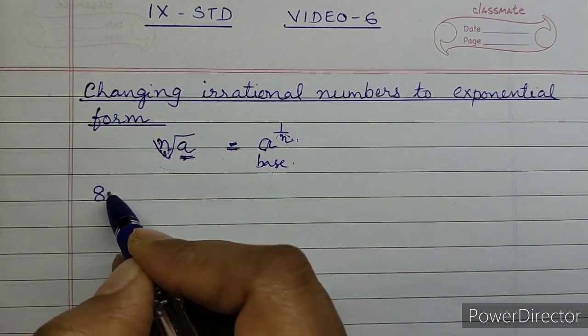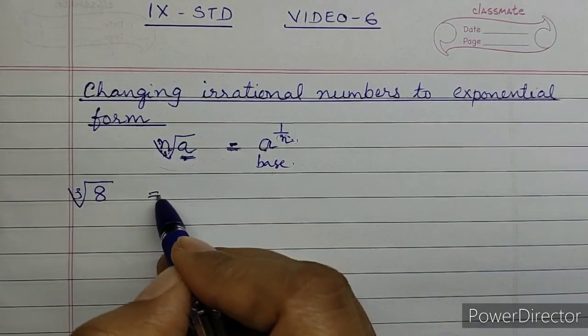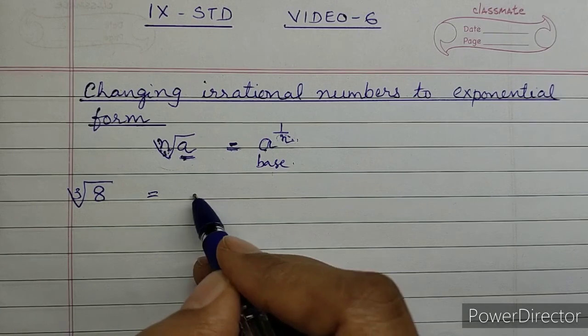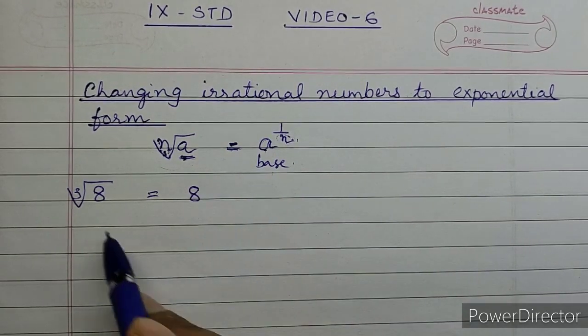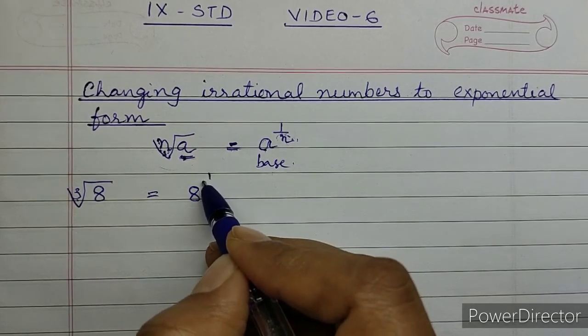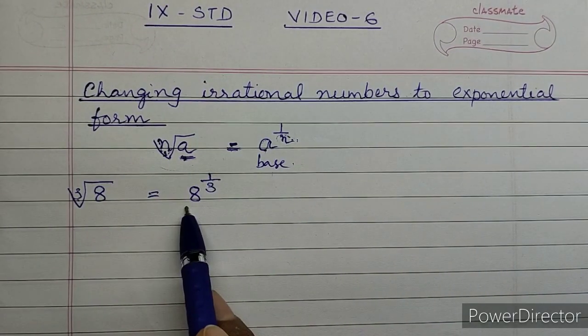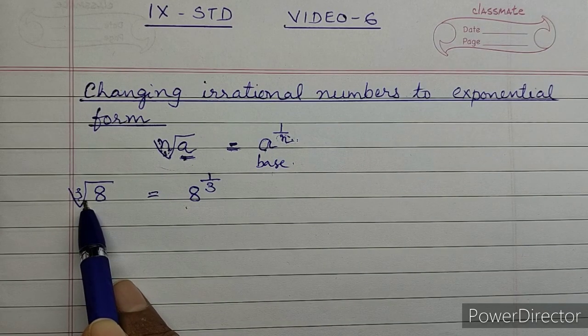First sum, cube root of 8. How will you change it? 8 you have to take as the base, and the order you have to take as the denominator of the exponent, that is 1 by 3. So 8 to the power of 1 by 3 means it is cube root of 8 only.